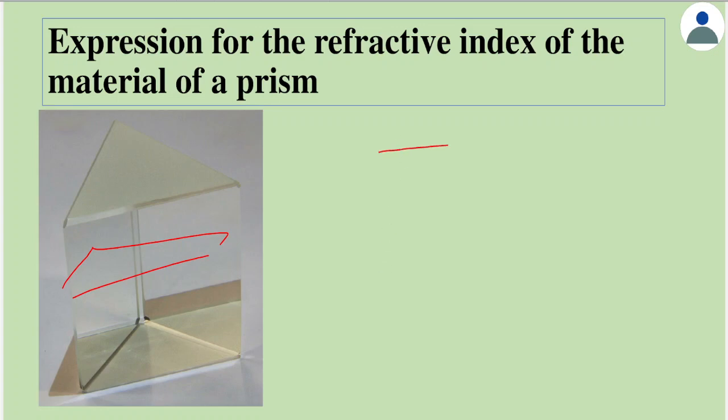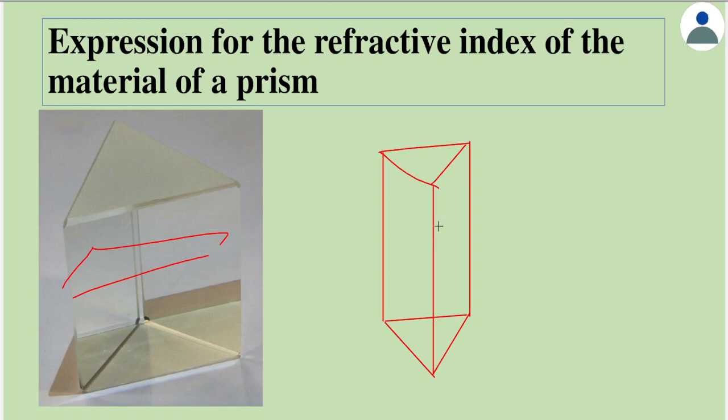To make sense out of it, think of this case, something of this kind is what we get. Now light falls on this face and comes out of this face.